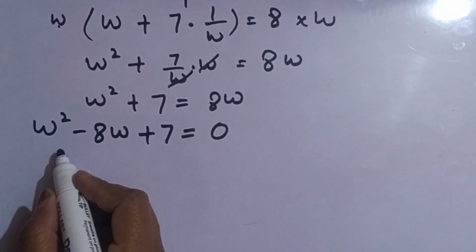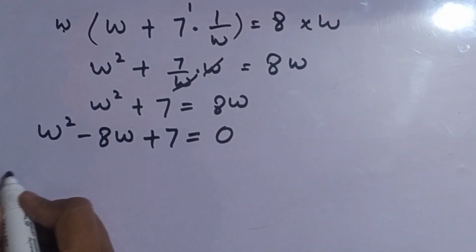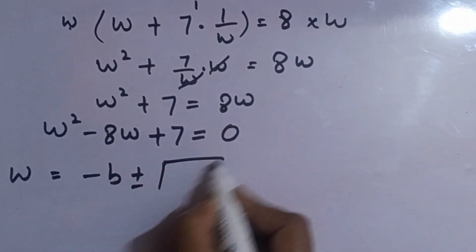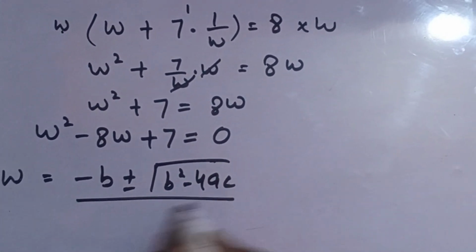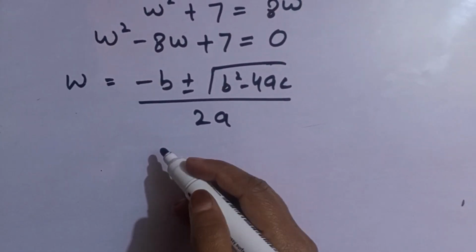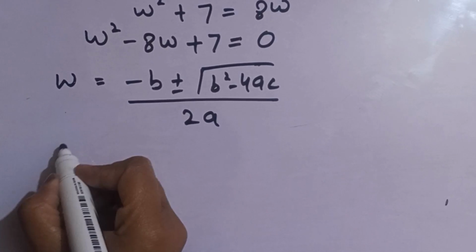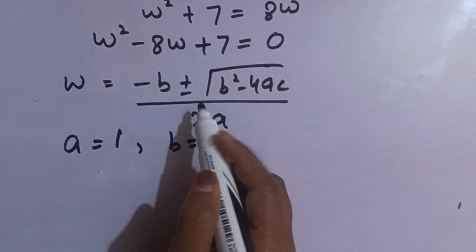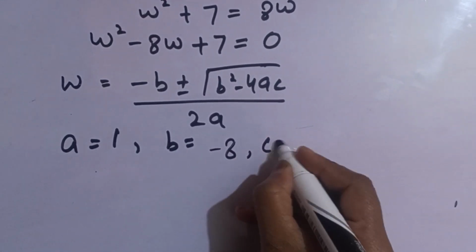And this is a quadratic equation. So we use the quadratic formula, which is w is equal to minus b plus minus square root of b square minus 4 times ac, over 2a. And in our equation, a is equal to 1, b is equal to the coefficient of w, which is minus 8, and c is the constant, which is 7.